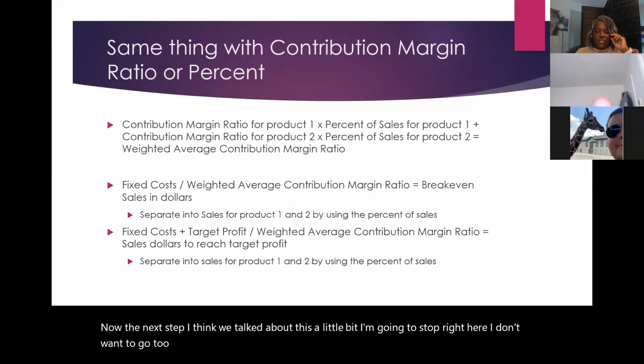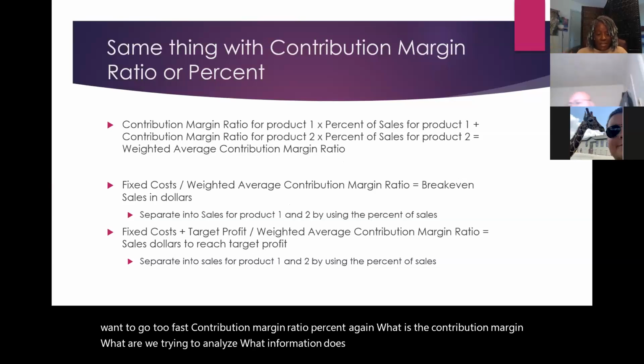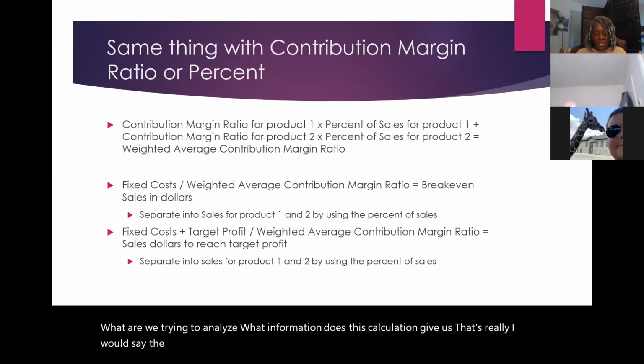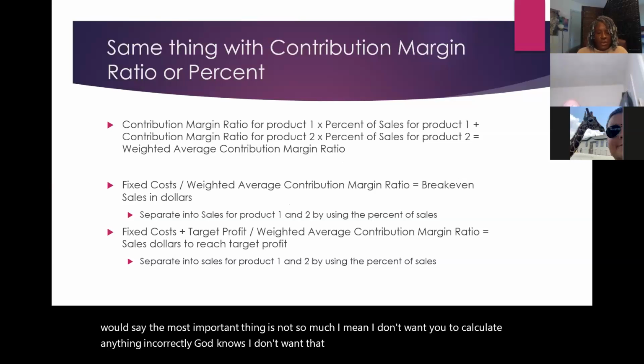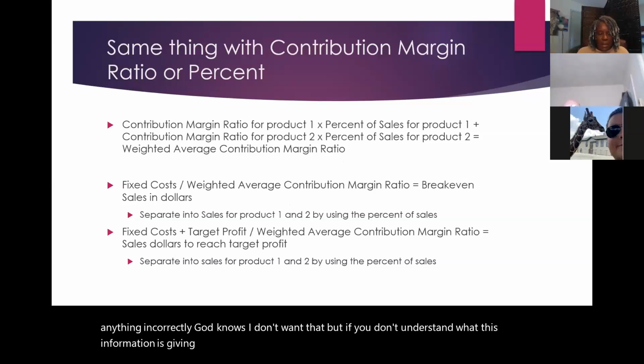Contribution margin, ratio, percent. Again, what is the contribution margin? What are we trying to analyze? What information does this calculation give us? That's really, I would say, the most important thing. I don't want you to calculate anything incorrectly, God knows I don't want that. But if you don't understand what this information is giving you, it doesn't matter if it's right.